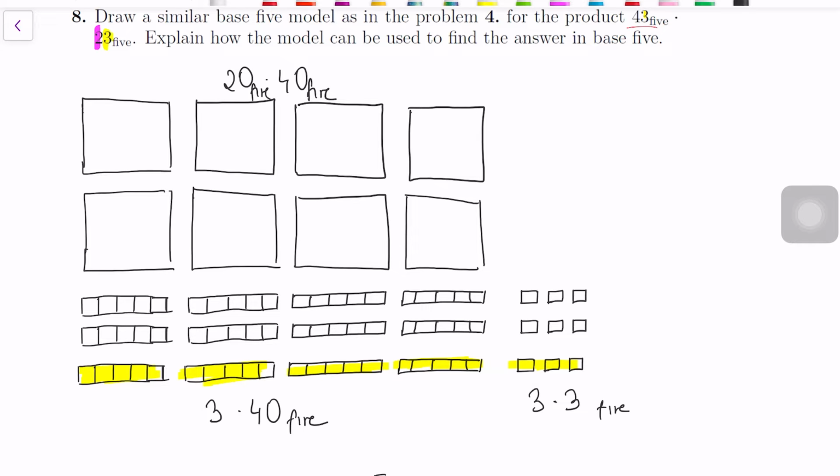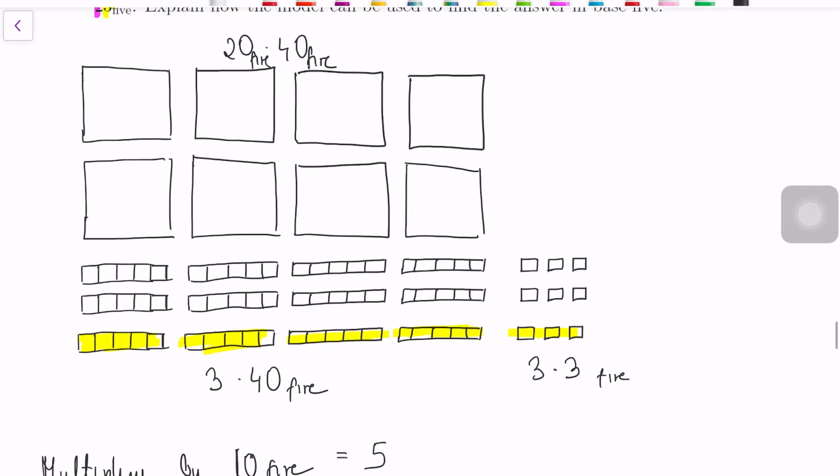And here the same thing, when you multiply a unit by 10 in base 5, that will give you a long. But you want to multiply it by 20, so instead of one long, it will create two longs. Each unit will create two longs, right?